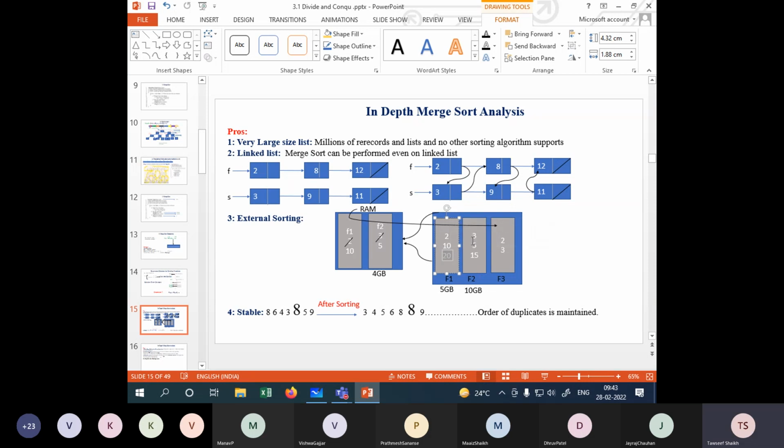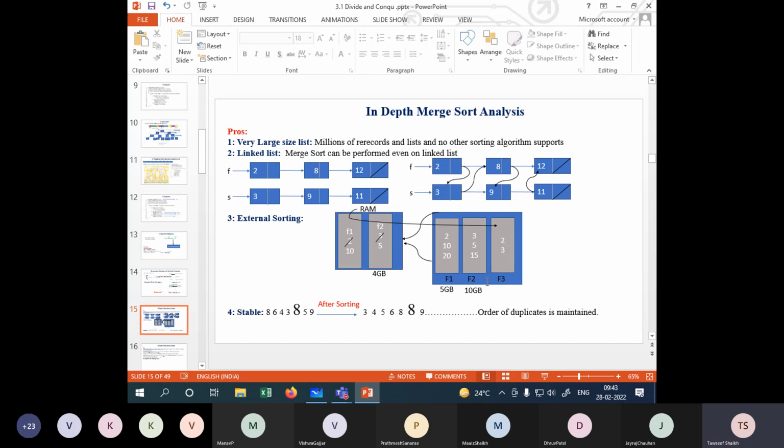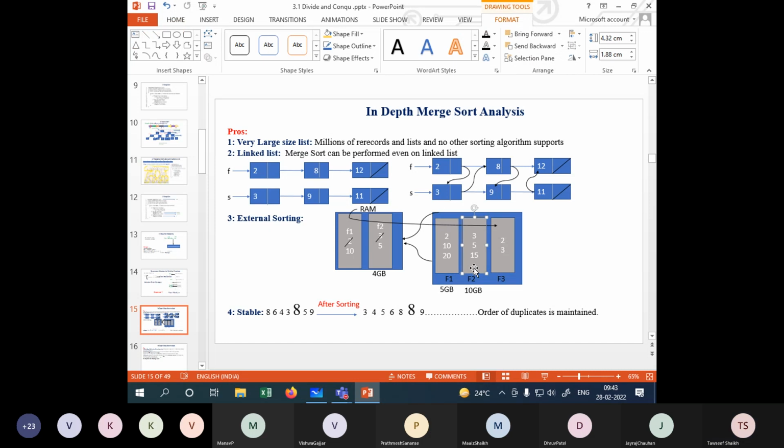Similarly, file F2 has different data inside it, with sizes 3, 5, and so on. The total size of file F1 is 5 GB. The total size of F2 is 10 GB. And the size of our main memory is 4 GB. We have been asked to sort these two files, F1 and F2.